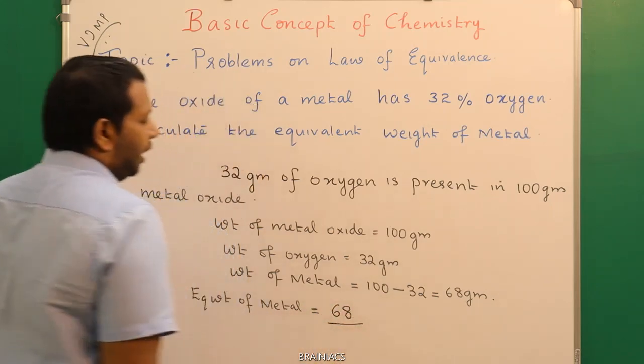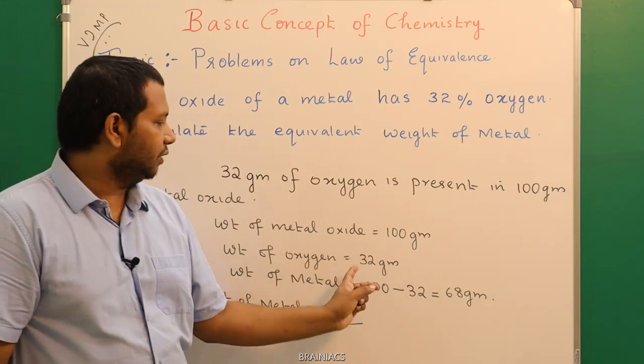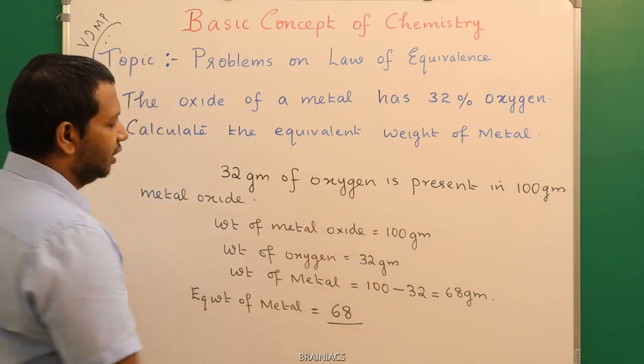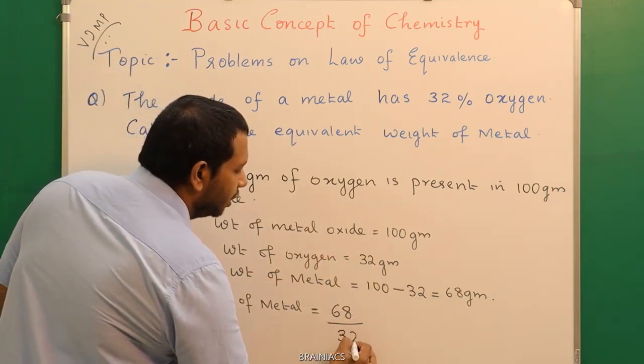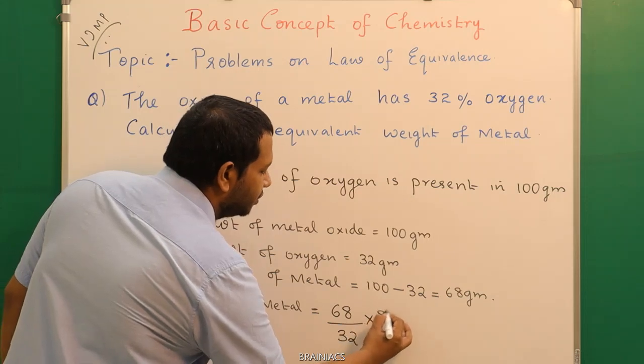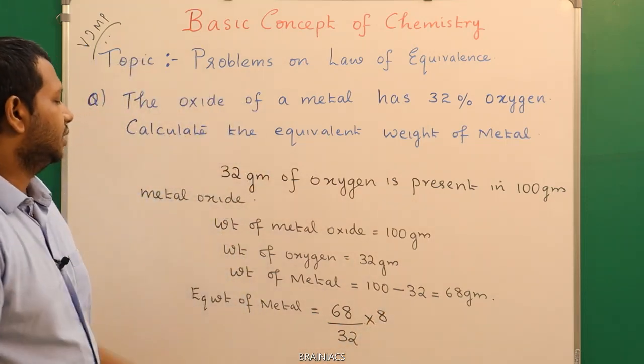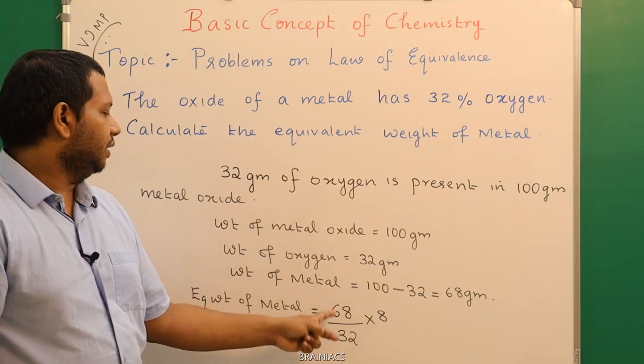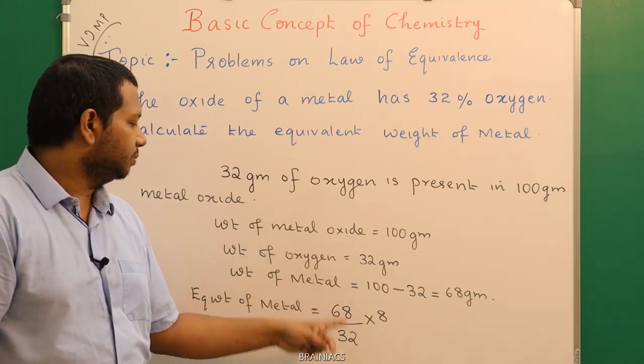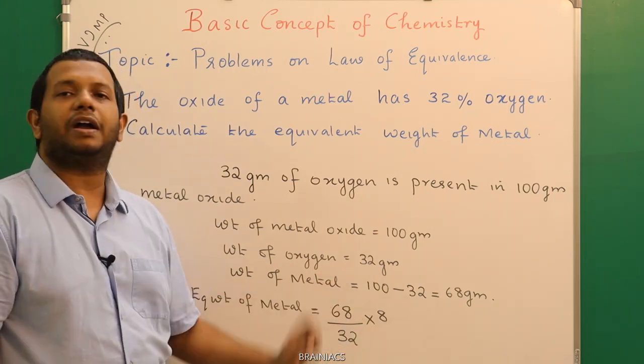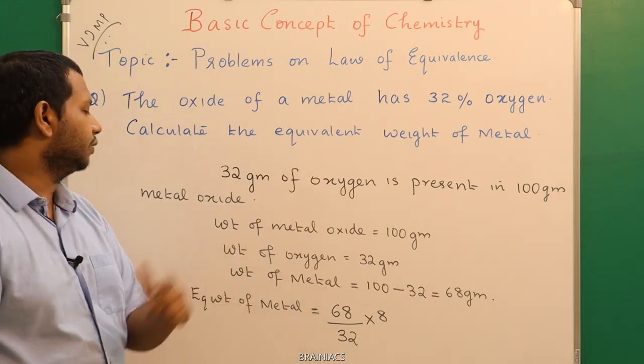correct? And weight of the oxygen is 32 multiplied by 8, correct? Weight of the metal divided by weight of the oxygen multiplied by 8 will give me the equivalent weight of the metal.